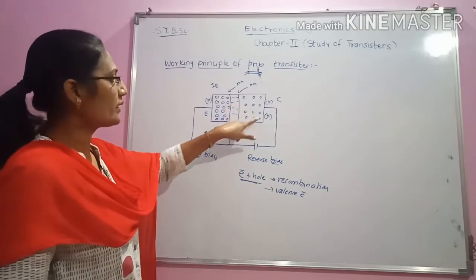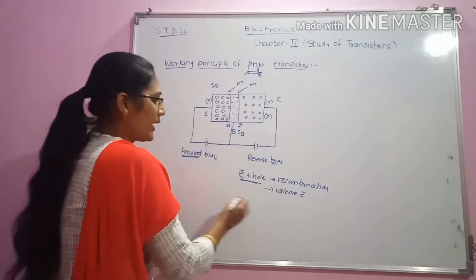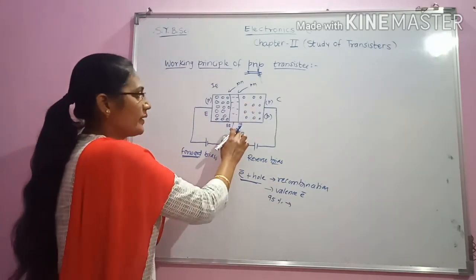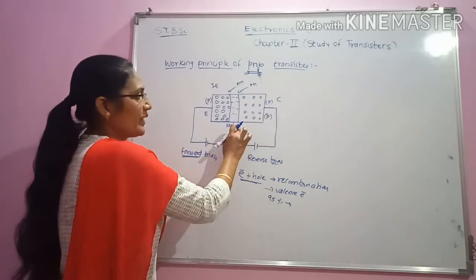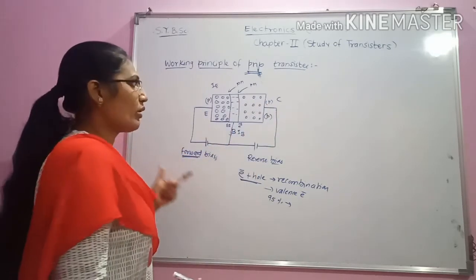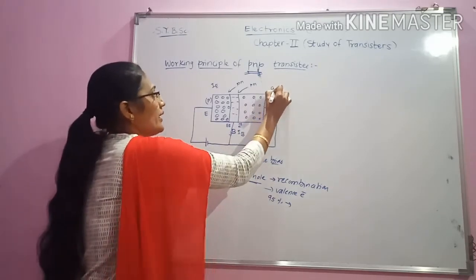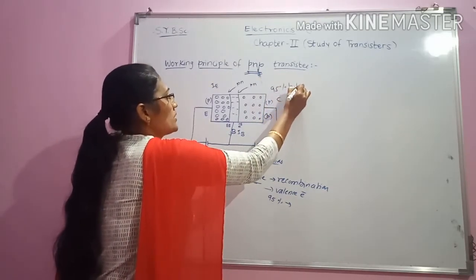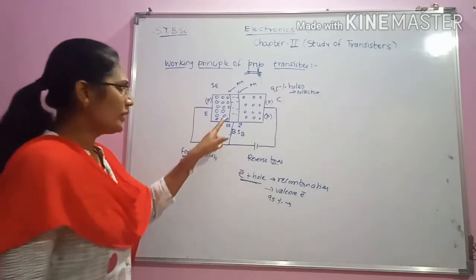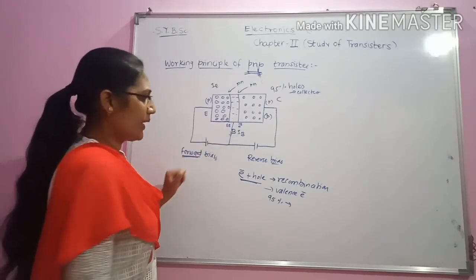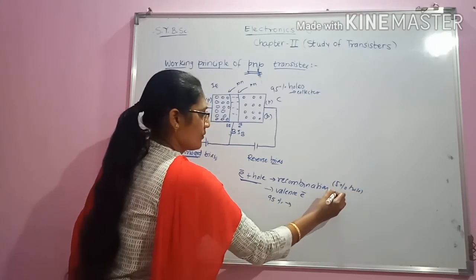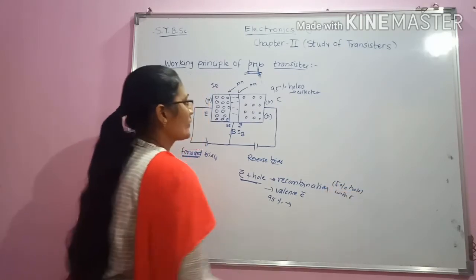Now, about 95% of the holes cross the barrier at the collector base junction and successfully reach the collector section of the transistor. Therefore, 95% of holes reach the collector section and only 5% holes recombine.